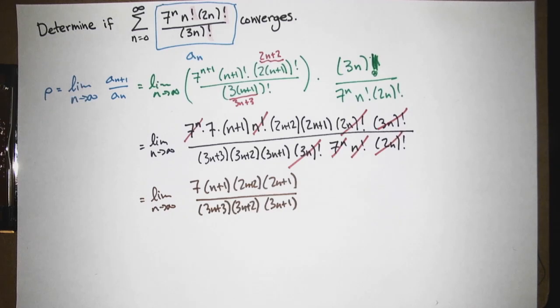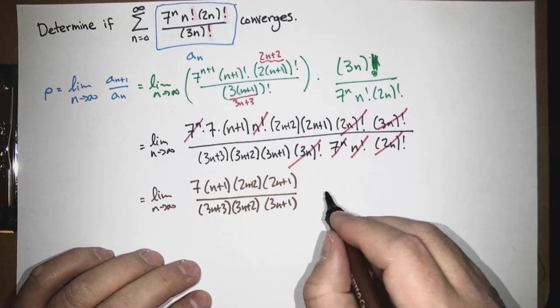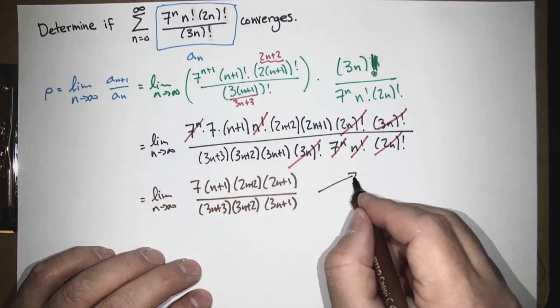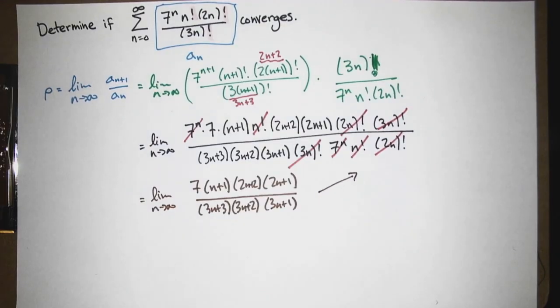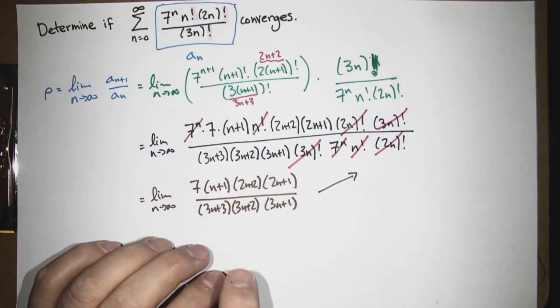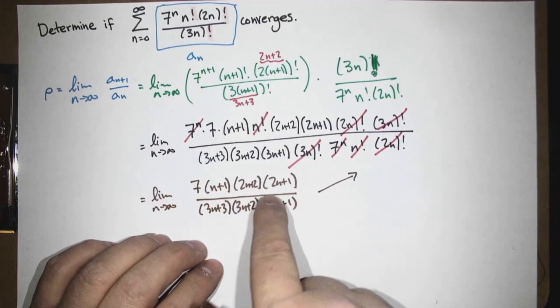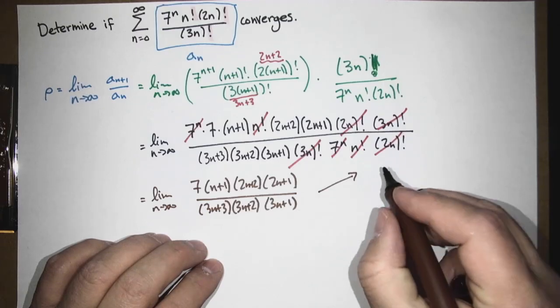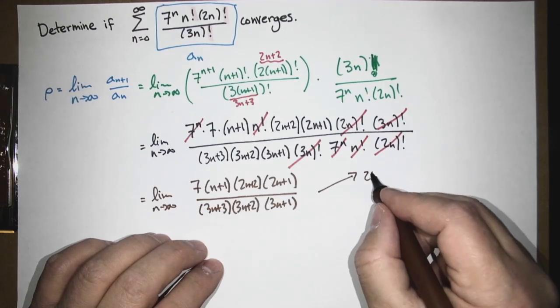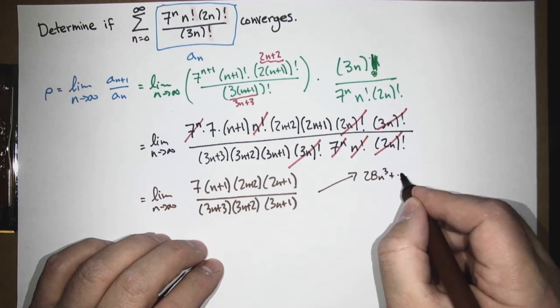So here's sort of 2 mindsets. One mindset says, think about multiplying this out. So that if you have polynomial over polynomial, leading coefficients. So what would be the leading coefficient upstairs? It'd be 7 times n times 2n, which would be what? 28n cubed plus other stuff.